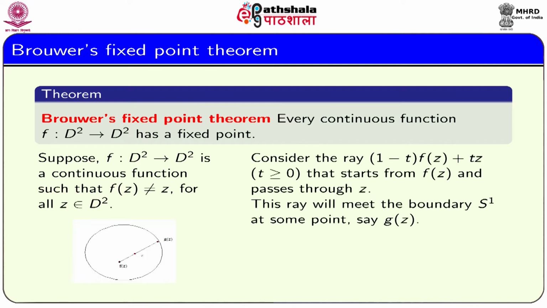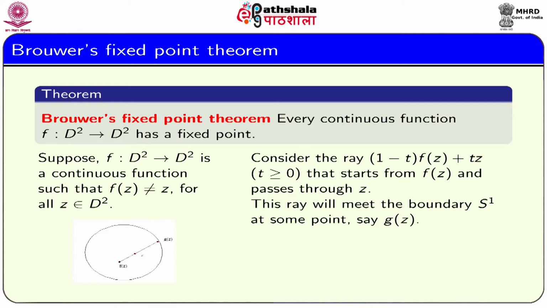Now consider the ray (1 minus t) f(z) plus t z whenever t is greater than or equal to 0. Then this ray starts from f(z) and passes through z. This ray will meet the boundary S1 at some point. Let us call that point g(z).